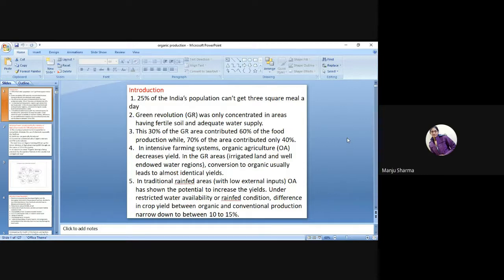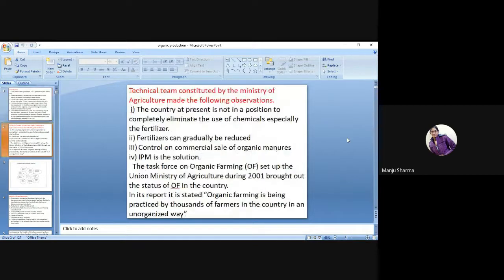So the difference in crop yield between organic and conventional production narrows down to between 10 to 15%. The technical team constituted by the Ministry of Agriculture made the following observations. First, the country at present is not in a position to completely eliminate the use of chemicals, especially fertilizer.